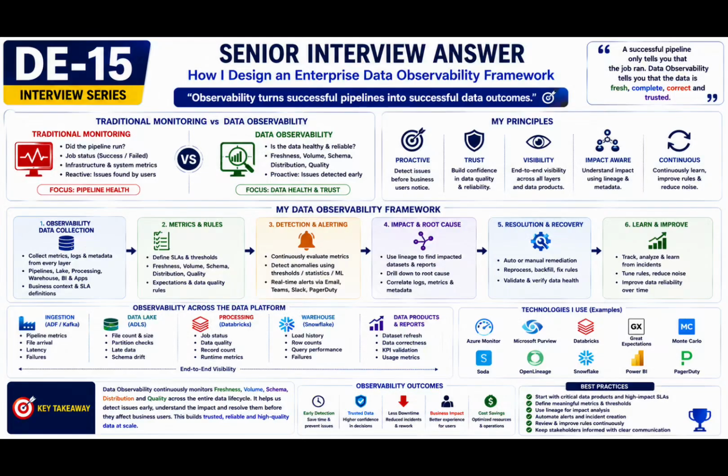First, we have to collect operational and data health metrics from ingestion, storage, processing, warehouse, and consumption layers. Then monitor key dimensions such as freshness, volume, schema, distribution, quality, lineage, SLA compliance, and performance.